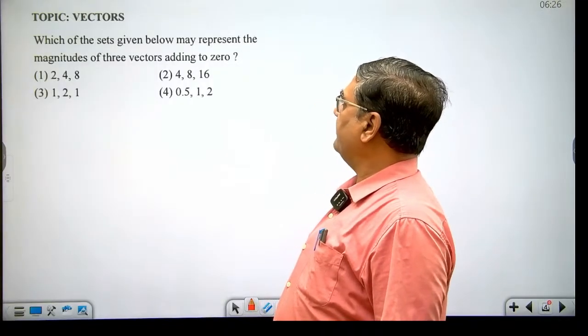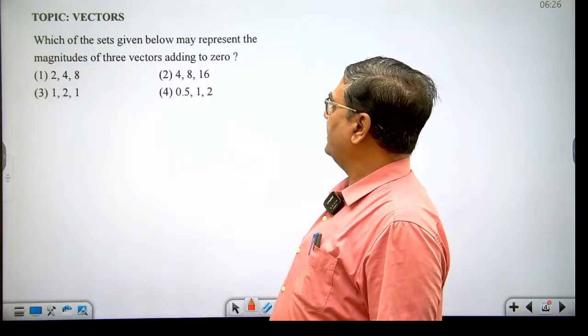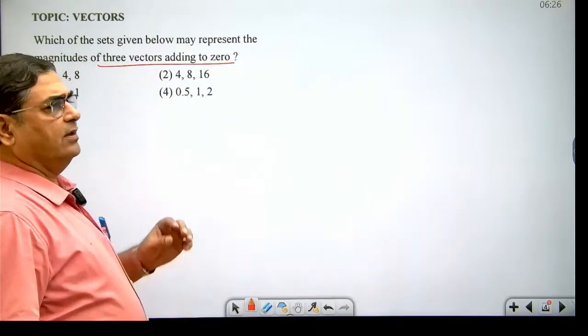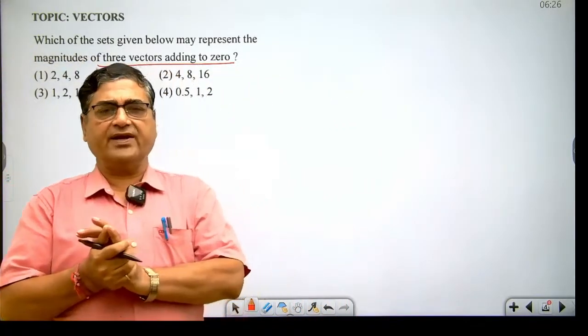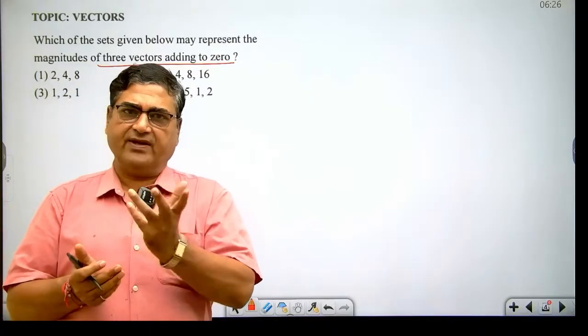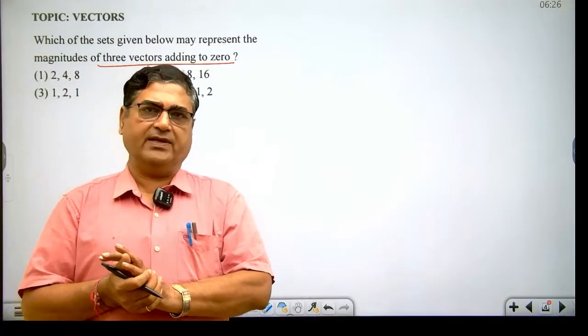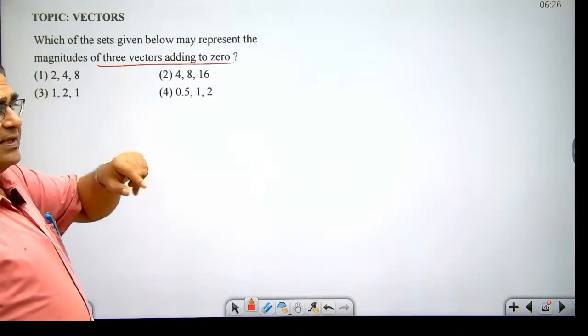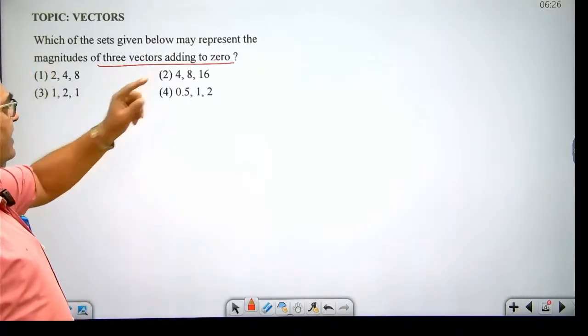Which of the sets given below may represent the magnitudes of three vectors adding to 0? Dear student, when two vectors P and Q are added, the maximum value is P plus Q and the minimum value is P minus Q. So if the resultant of two vectors cancels the third vector, then definitely it can become 0.